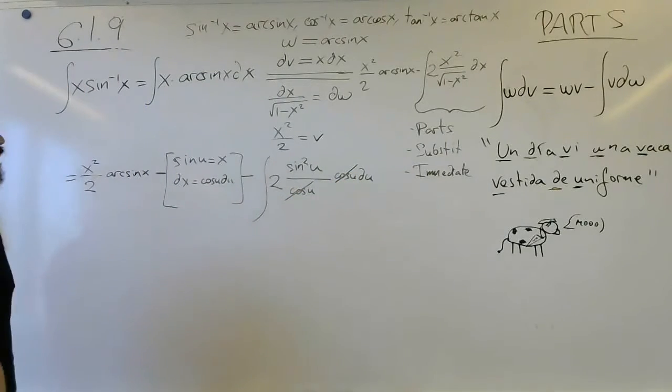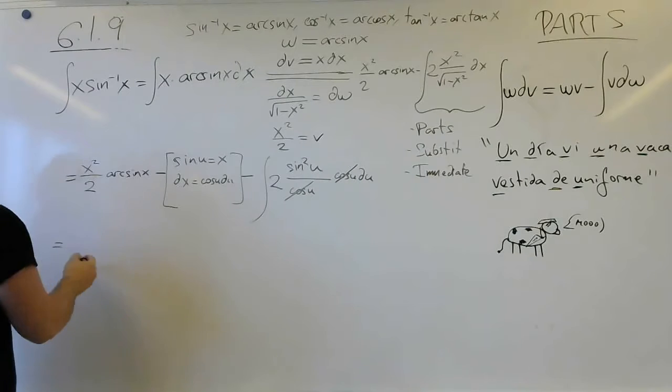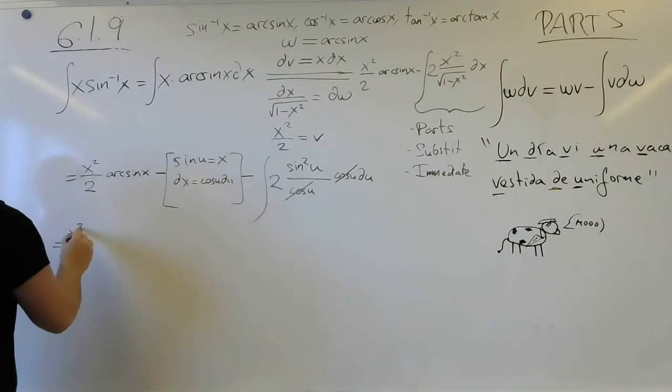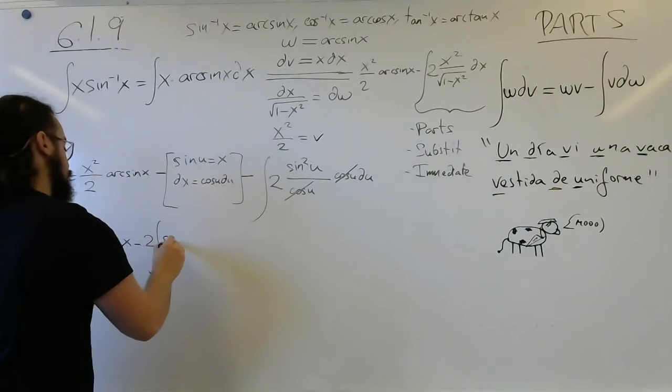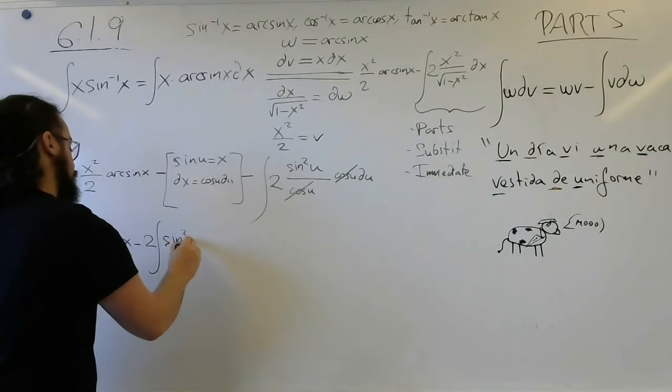Okay. So this is x squared halves arc sine x minus 2 times the integral of sine squared of u.